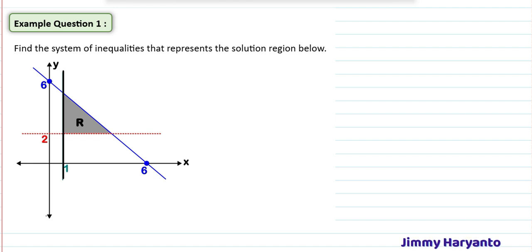We have a vertical line at x equals 1, so the first one will be x, blah blah blah, 1. The second one is a horizontal line at y equals 2, so y, blah blah blah, 2. We'll fill in the blah blah blah later with less than or greater than.